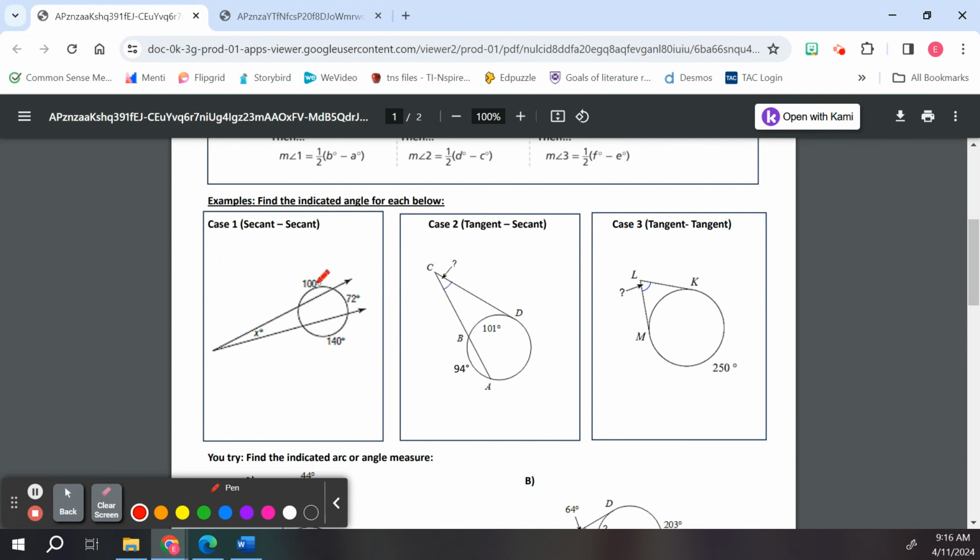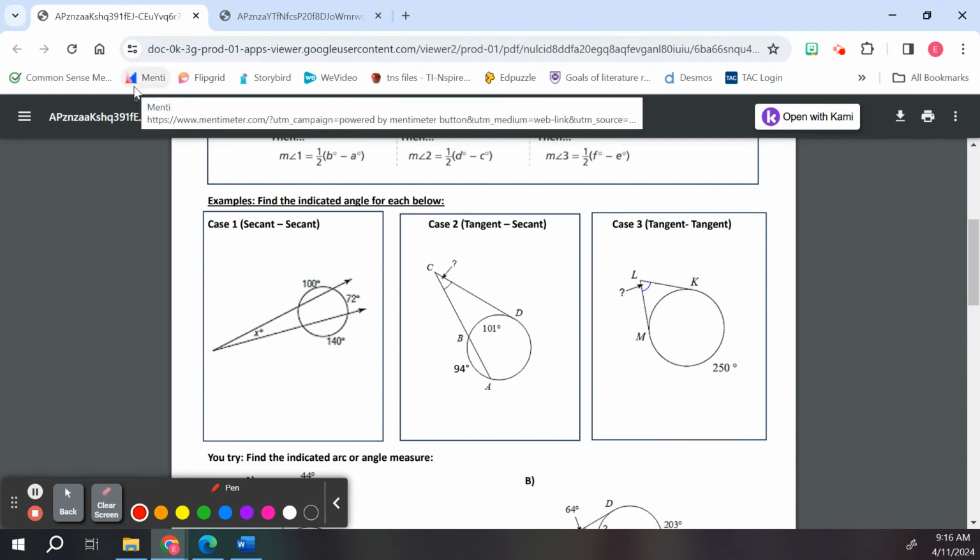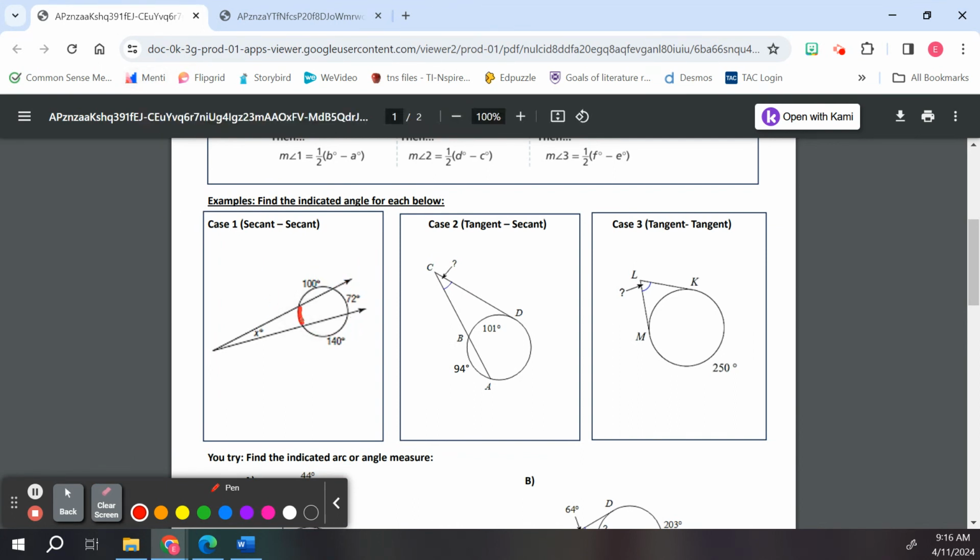We see that we have 3 out of the 4 arcs, so we need to find this one. So we're going to take 360, subtract 100, subtract 72, and then subtract 140. That's going to leave us with a total of 48 degrees. So right here is 48 degrees.